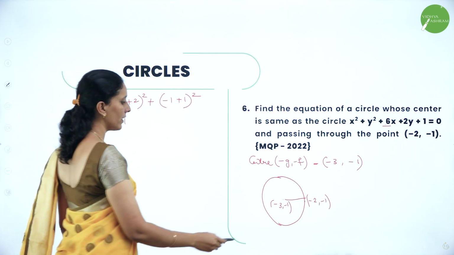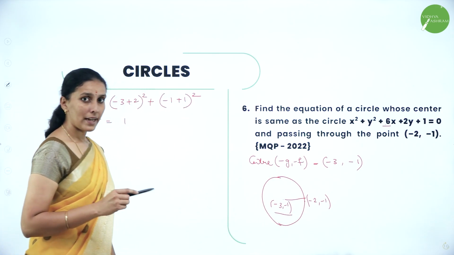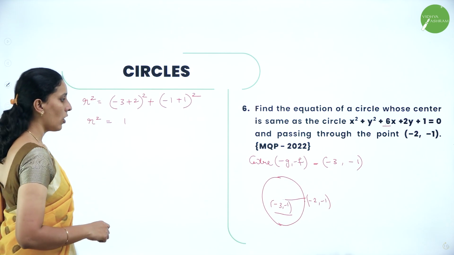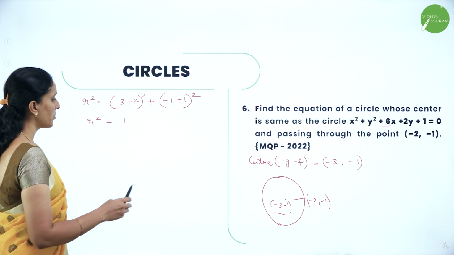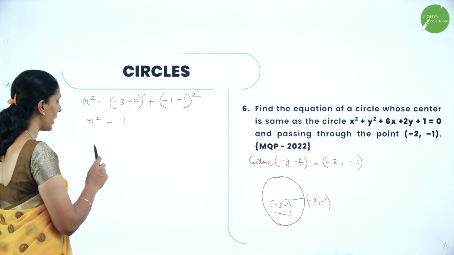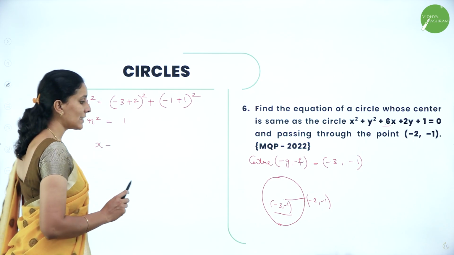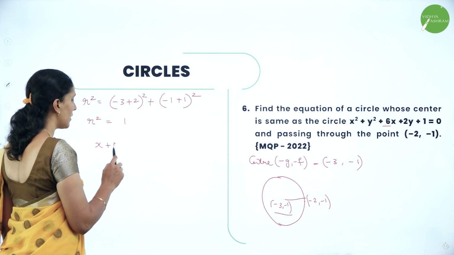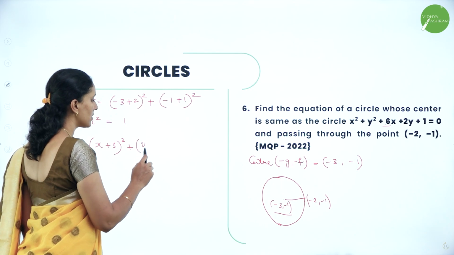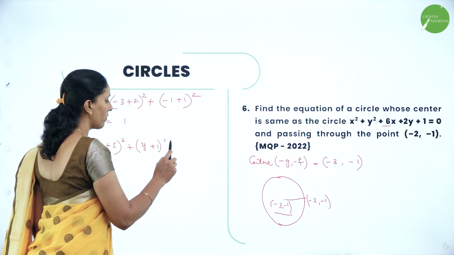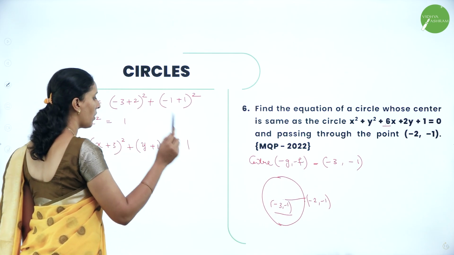Now the center is given. Let us take it in the form of (h, k), or you can take it in the form of (-g, -f) also. If I take it in the form of (h, k), then it is (x - h), which becomes (x + 3) whole square, plus (y - k), that is (y + 1) whole square, is equal to r square, 1.